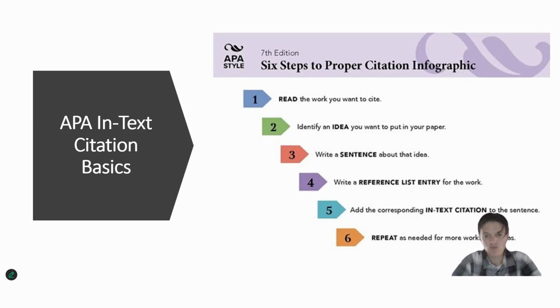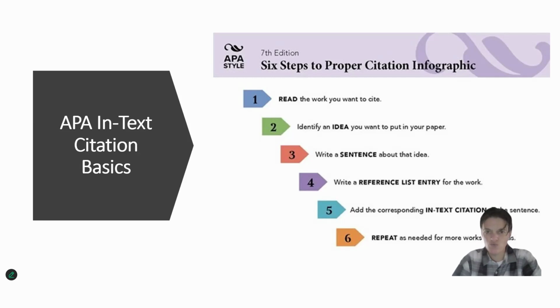Really great next practice: write a sentence or two about that idea, right? Summarize it for yourself. And then write a reference list entry for the work, right? So create that reference page entry and then add the corresponding in-text citation to the sentence. That way you have all of that there.